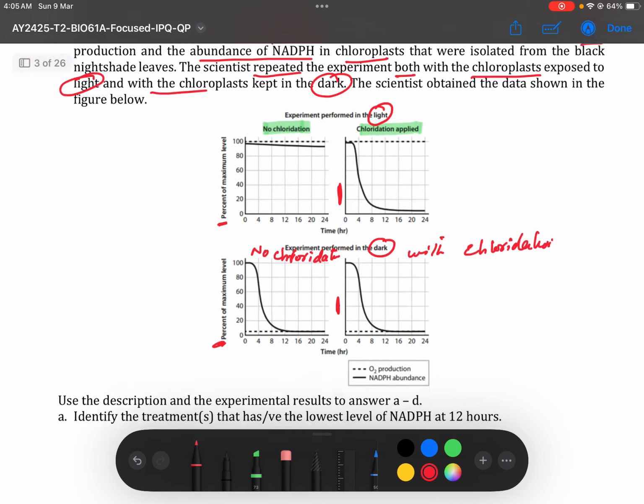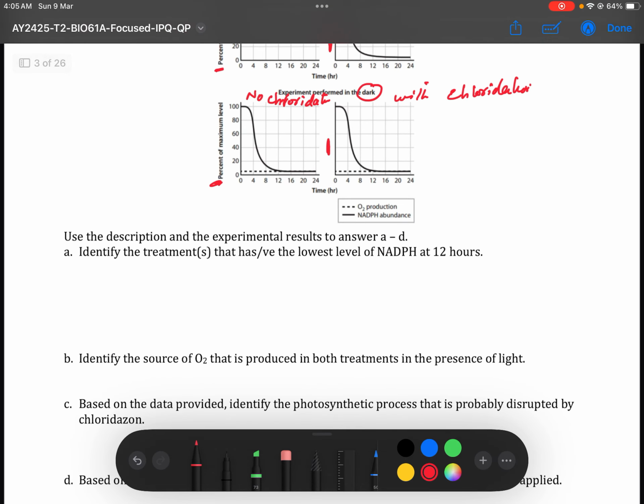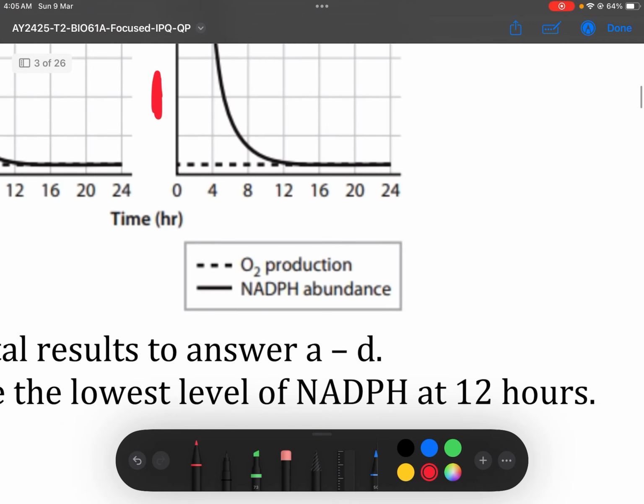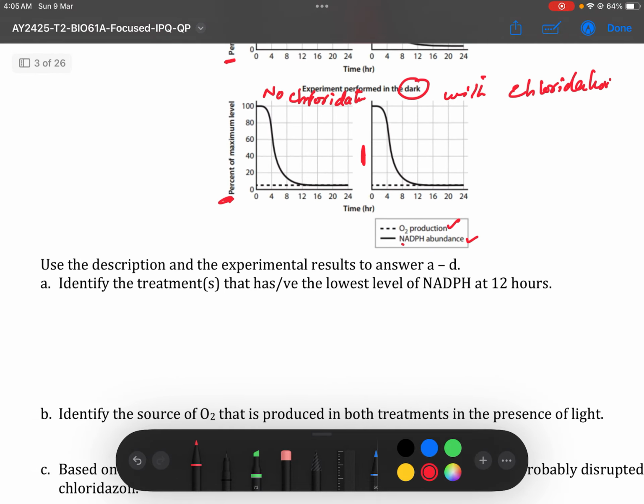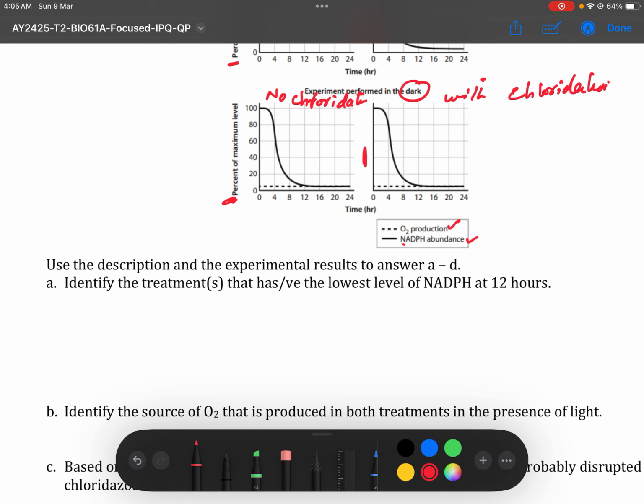So percentage of the maximum level. Use the description of the experimental results. What the dotted lines show you is the O2 production, and the continuous line shows you the NADPH abundance.